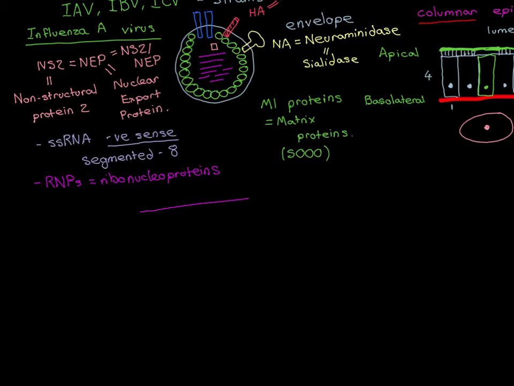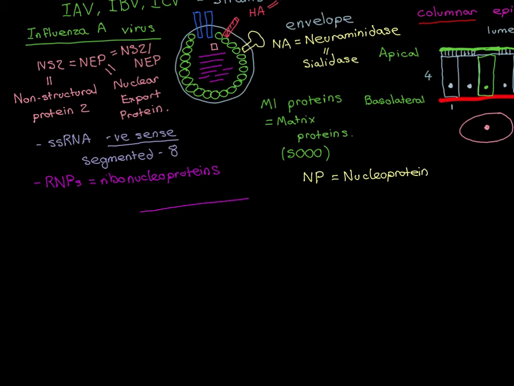Now, I said that each of these pieces of RNA is going to have its own capsid, its own bunch of proteins to protect it. And this capsid is going to be made out of a protein that is called nucleoprotein, or NP for short. So, the capsid protecting each piece of RNA in the ribonucleoprotein is just called nucleoprotein, or NP for short.